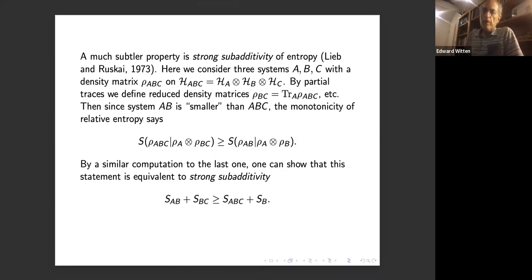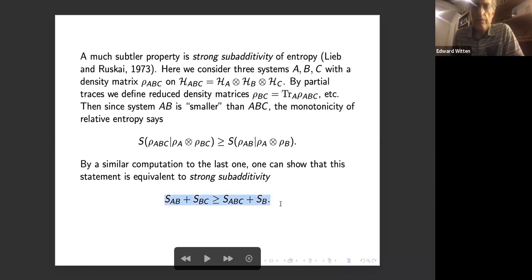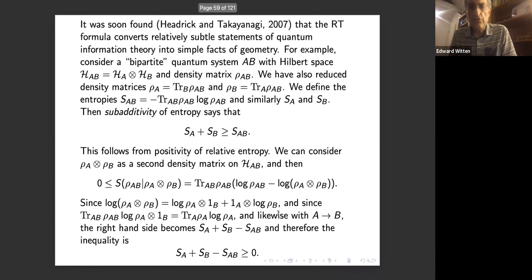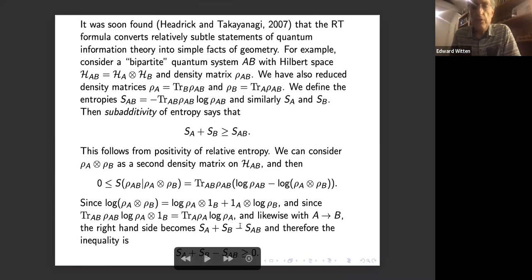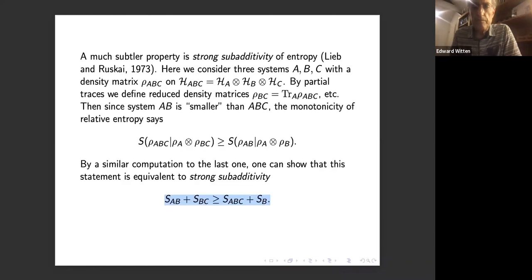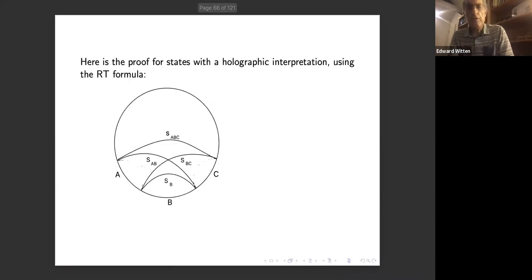Now, by a similar computation to the one on the last slide, and if you're interested in this material, you should do that computation yourself, you can show that this inequality is equivalent to strong subadditivity. So in contrast to additivity, which has a simple proof that I gave here, strong subadditivity is a rather difficult theorem. But it has an easy proof in holography.